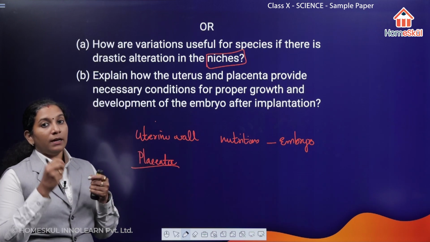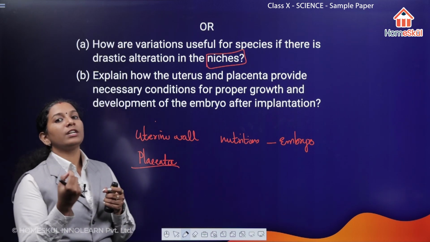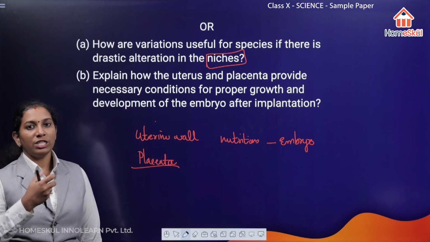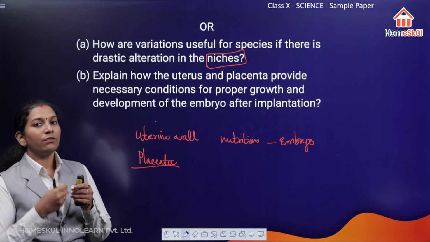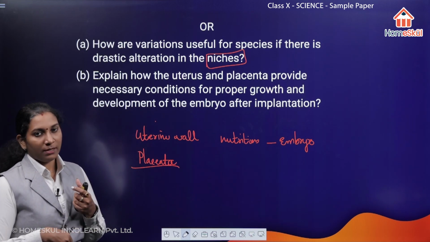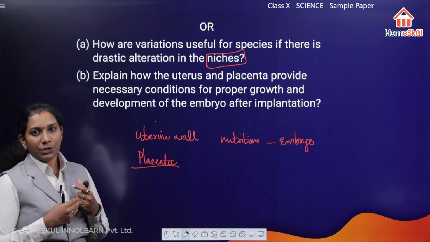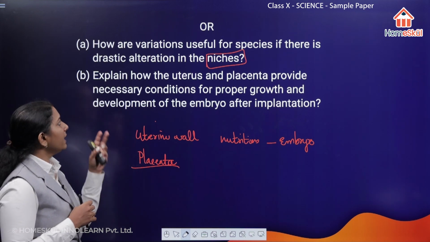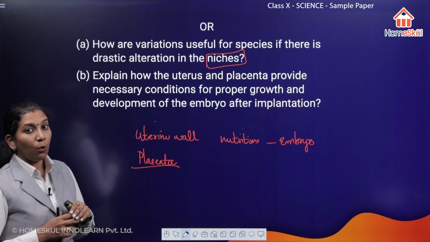And also the muscles of the uterine wall: the rhythmic contractions of these muscles help in childbirth too. For childbirth, the muscles in the uterine wall show rhythmic contractions, and only then is the baby delivered properly. So these are the main things you have to remember about the uterus and placenta: they provide the necessary conditions and nutrition for the developing embryo for proper growth.